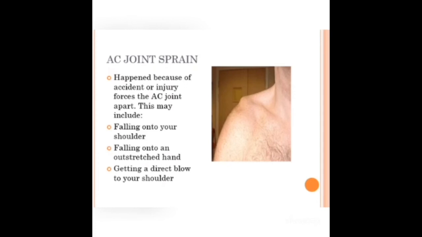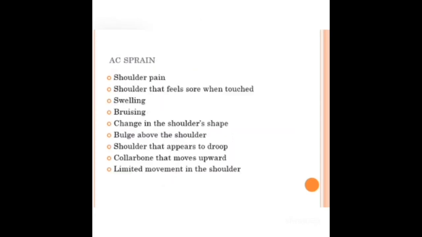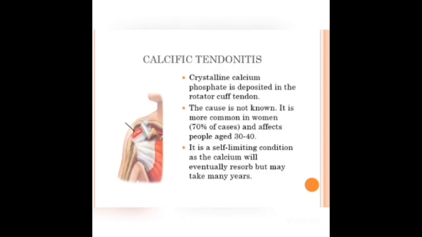The patient can't move his hand upwards. This occurs because of falling on an outstretched hand or falling directly on the elbow. A bulge is noticed, shoulder droop is noticed, the collarbone moves upward, with limited movement in the shoulder. So just by observing, you can tell that is an AC sprain.